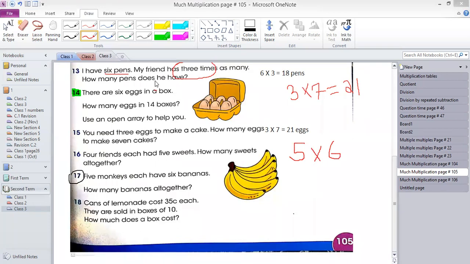I'll take one of the students, guys. Abdul Aziz Fahad. Yes, Abdul Aziz. How many bananas will be there all together? If there are 5 monkeys and each monkey has 6 bananas, how many bananas will be there all together?